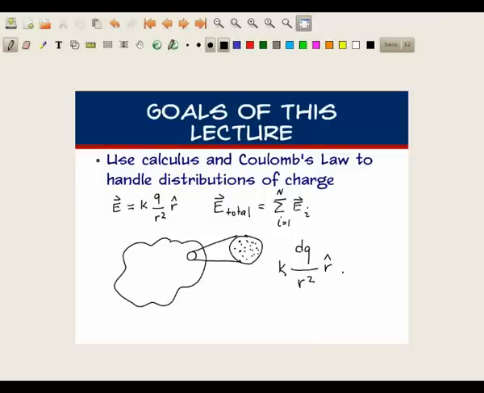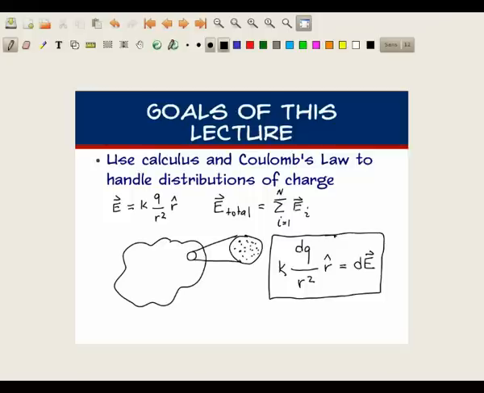We have the direction from the charge to us. And that's going to be its electric field, dE vector, where this is again meant to tell you that this is a tiny piece of a much larger electric field, and that tiny piece of electric field comes from a tiny charge. This is our building block. And through the language of calculus, we will be able to build up electric fields from complicated distributions with lots and lots of charges.